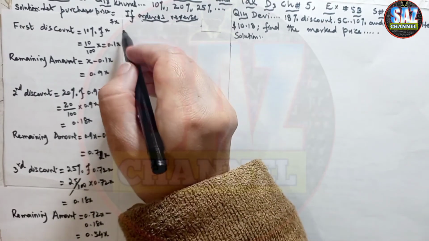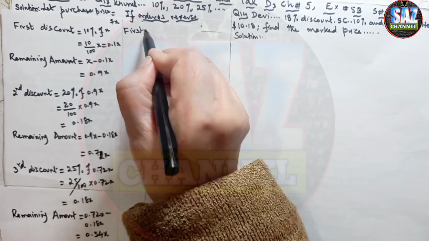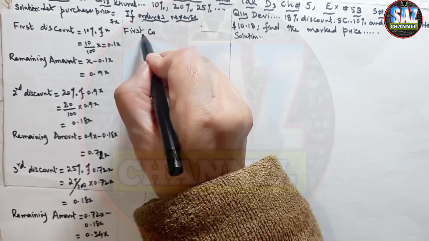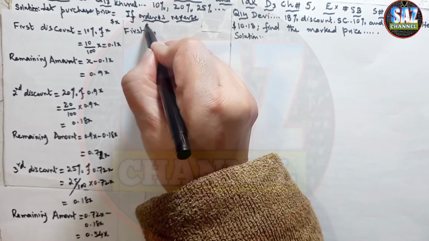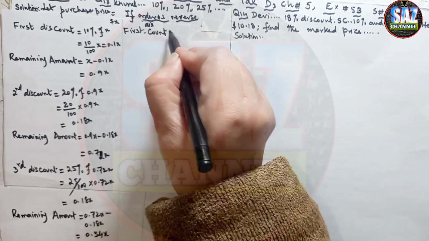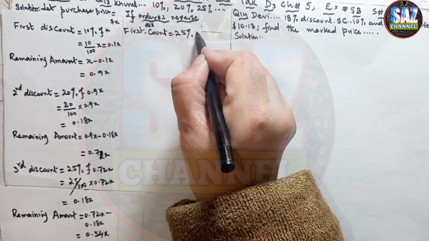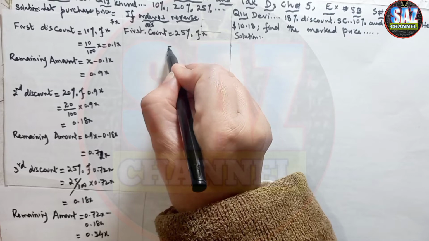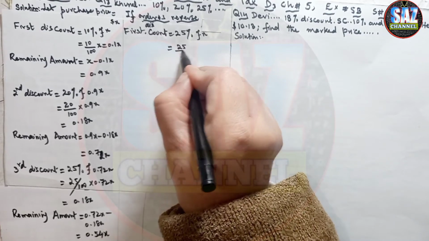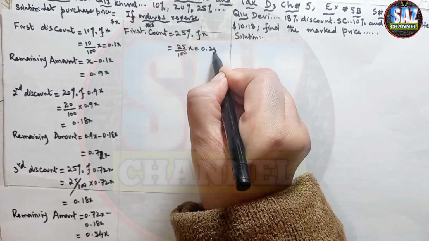Okay, so now the first discount equals 25% of x, which is equal to 25 over 100x or 0.25x.